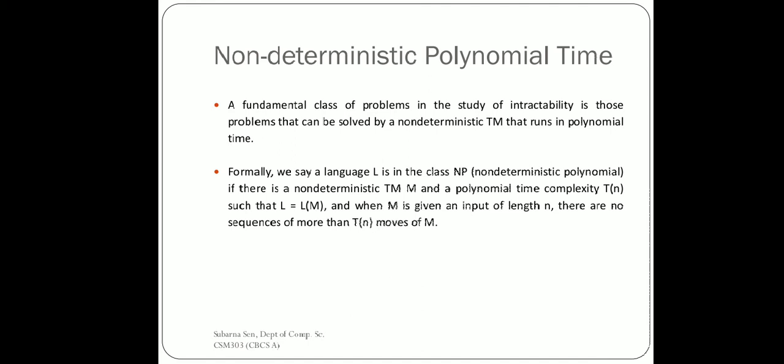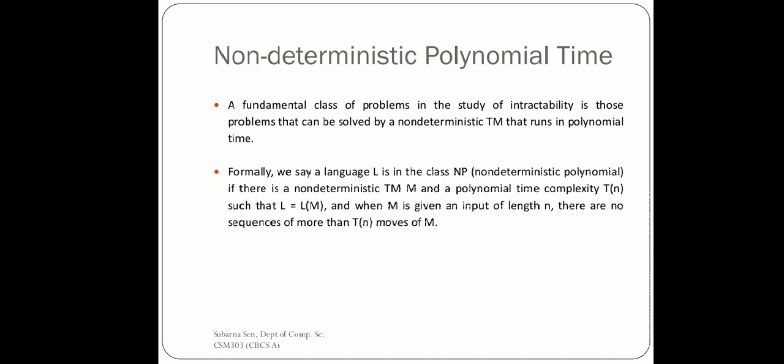So if we have to define this kind of problem formally, it would be like this: a language L is in the class NP if there is a non-deterministic Turing machine M and a polynomial time complexity T(n) such that L is equal to L(M), and when M is given an input of length n, there are no sequences of more than T(n) moves of M, right?